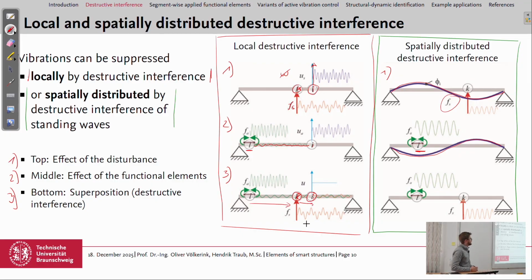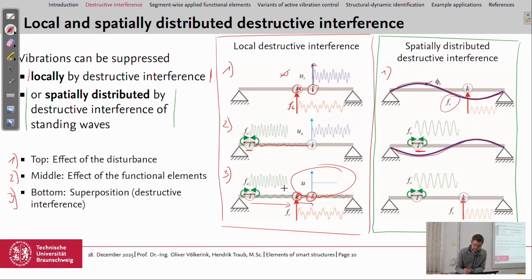The aim is that this point I is the point we want to calm down. We have the destructive interference, so that this point is not vibrating anymore, for example, in precision enhancement, when we only need a certain point to be calm or not vibrating, to have high precision for positioning robots, for example, then we could use this.